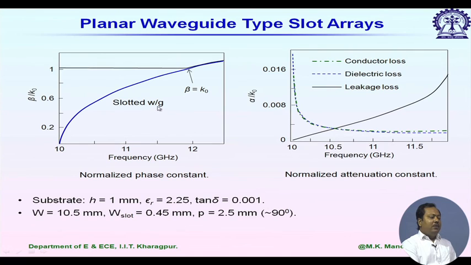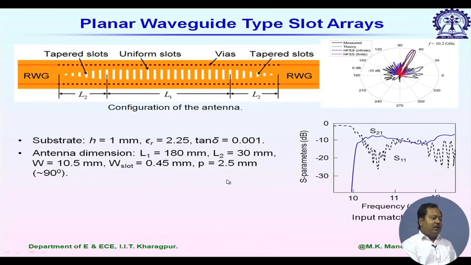When we use it as a quasi uniform antenna, we have to use beta by K naught less than 1, and when we use it as a periodic leaky wave antenna, we have to use the right hand side, because the original guiding mode should be a slow wave mode, and we are expecting radiation only from the higher order modes, m equal to minus 1 or m equal to minus 2.